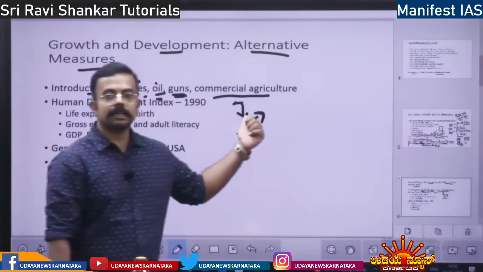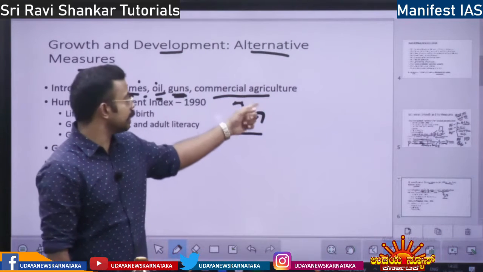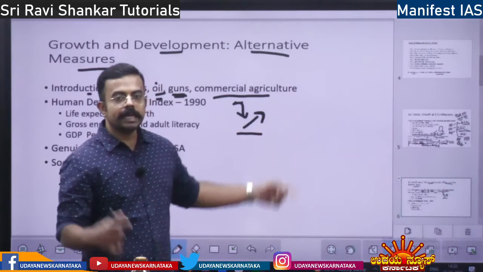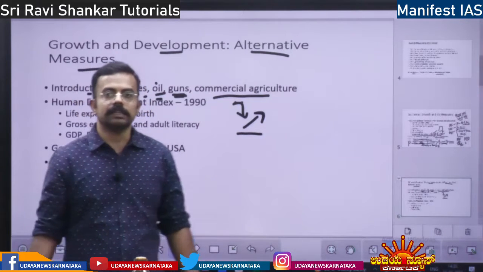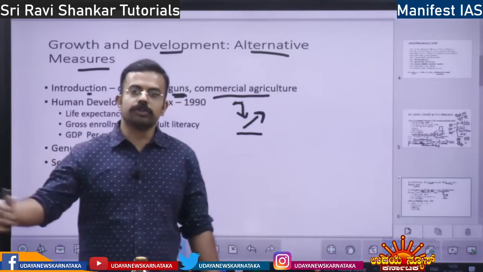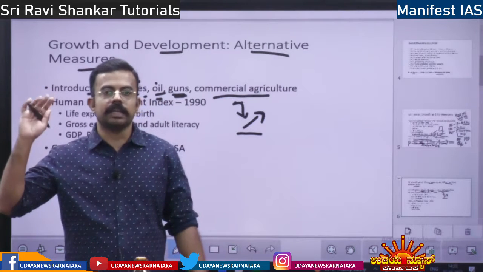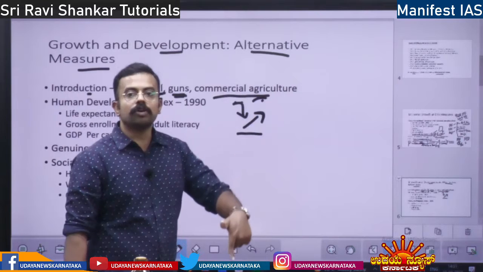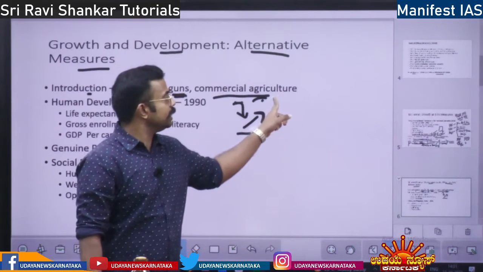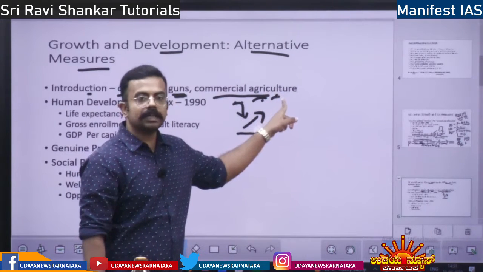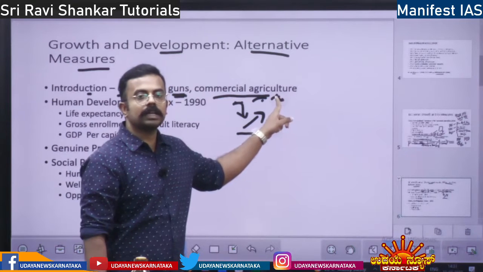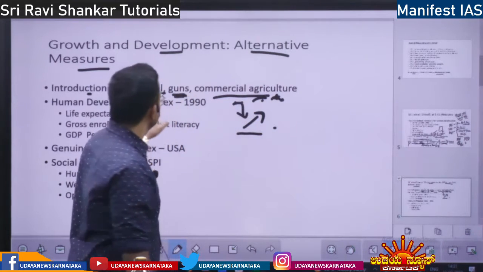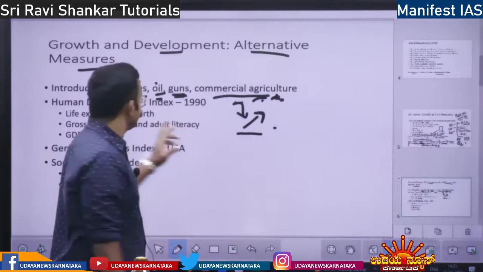Groundwater is more extracted, with more usage of water in commercial agriculture, right? Monocropping, they keep planting the same crop in commercial agriculture. Sugarcane means only sugarcane will be harvested every year. So what happens? The fertility of the soil will go down. So even though GDP increases, it is harmful for the soil and agriculture.